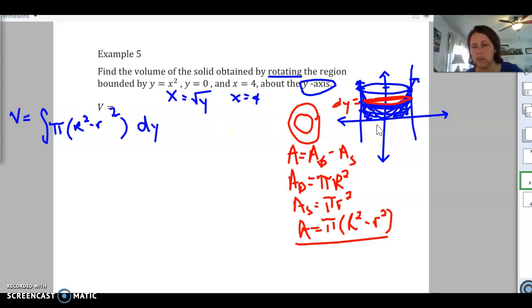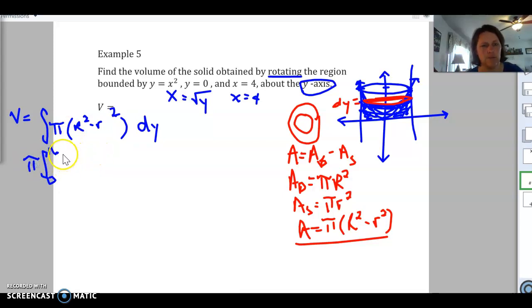All right, so if we're looking at this picture that we pulled out, the circle that we pulled out, which now looks like a washer, our bigger radius is going to be the x equals 4. The smaller radius is going to be x equals the square root of y. So we're going to be integrating, remember, we found from 0 to 16. I can pull this pi out in front.